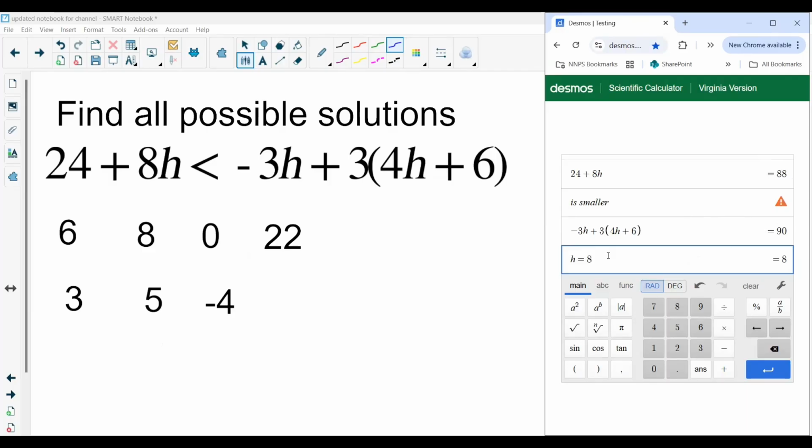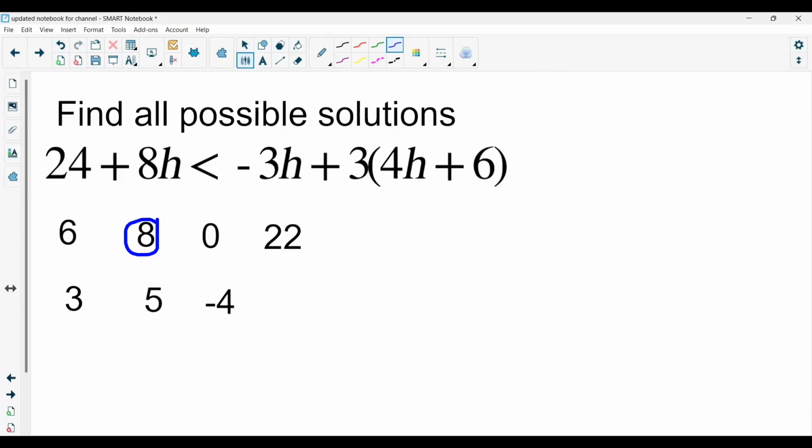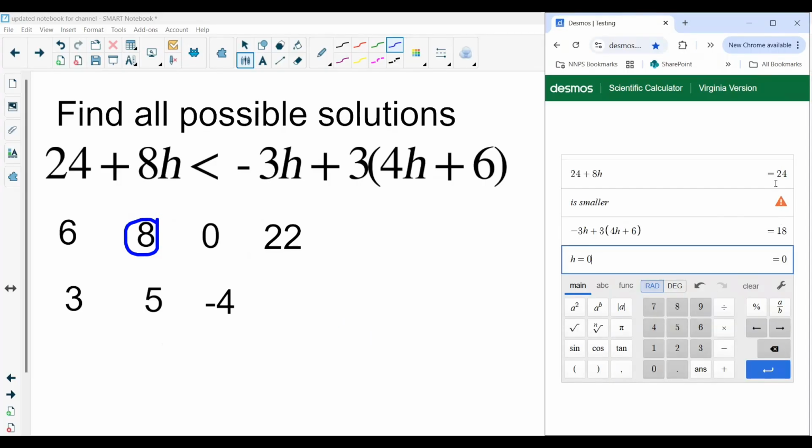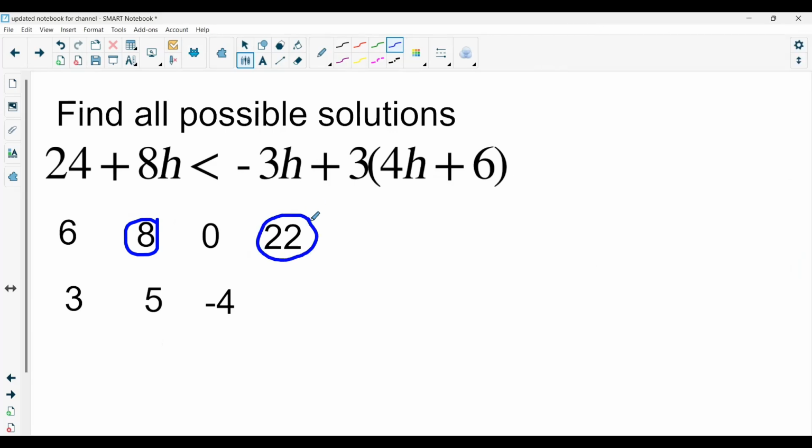Let's try 8. 88 is smaller than 90. Yep, so 8 is an answer. Okay. Let's try 0. 24 is smaller than 18. Nope. Let's try 22. 200 is smaller than 216. That is true. 22 is a solution.